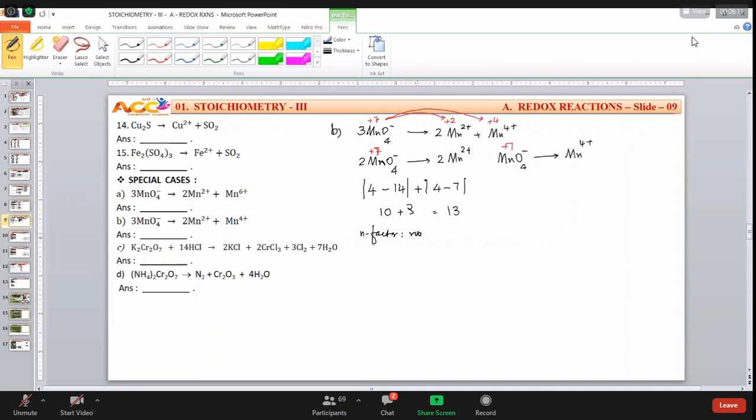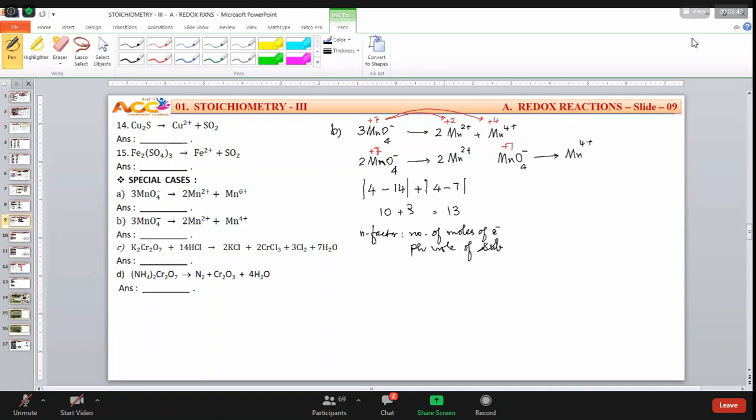Number of moles of electrons involved per mole of substance. Okay, right. Now we have the total number of electrons involved as 13 and we have 3 moles.